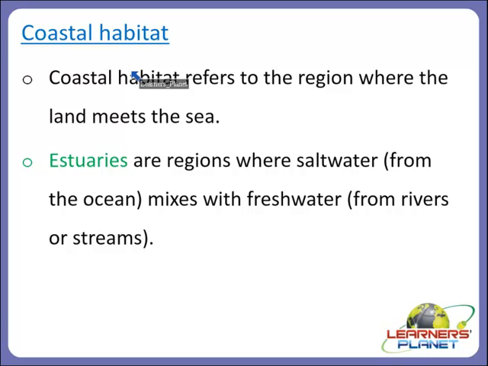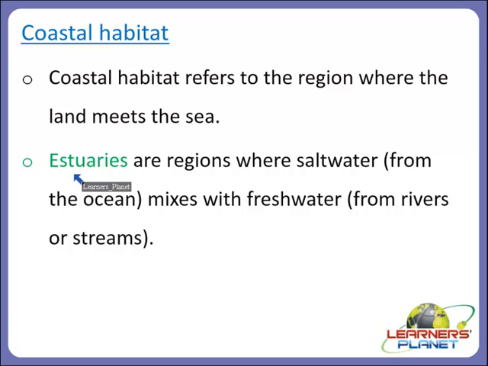First of all, we should know what coastal habitat is. It refers to the region where the land meets the sea. These are considered to be the coastal regions. There are other regions too where salt water from the ocean mixes with the fresh water from rivers or streams, and they are popularly termed as estuaries.